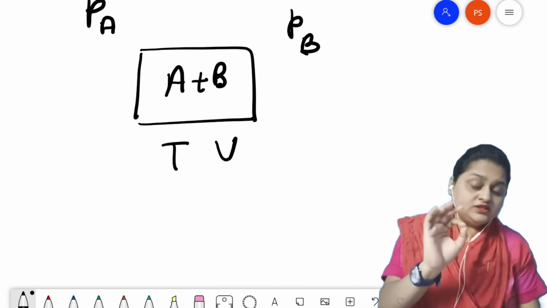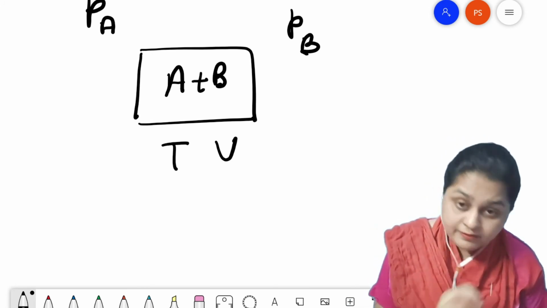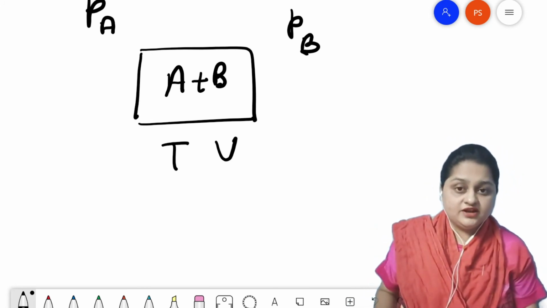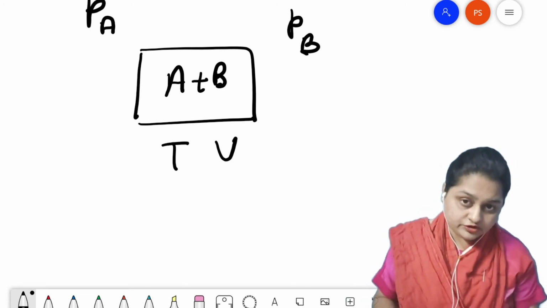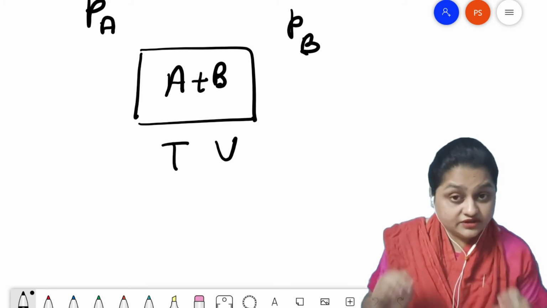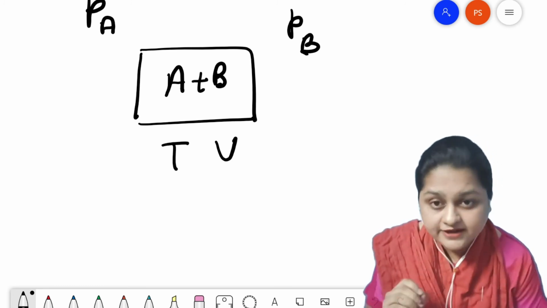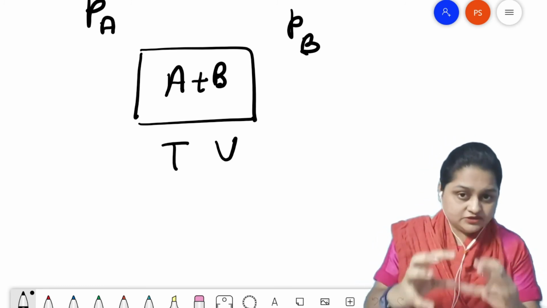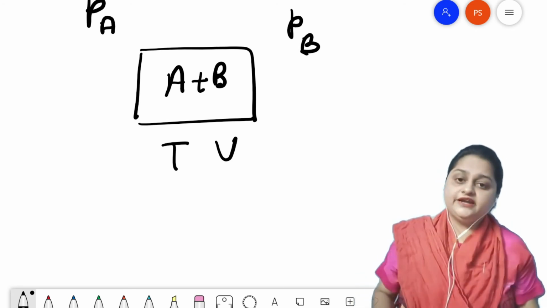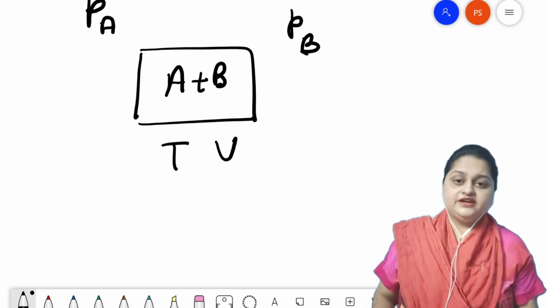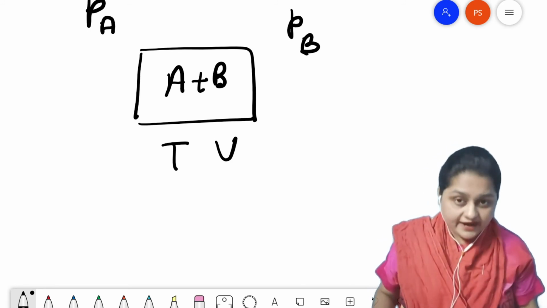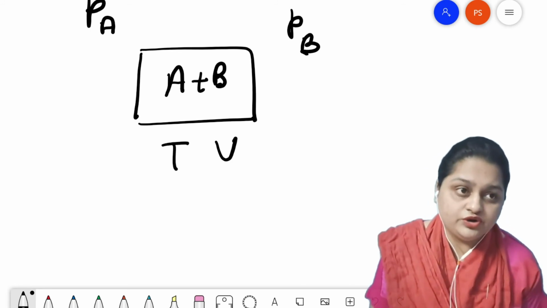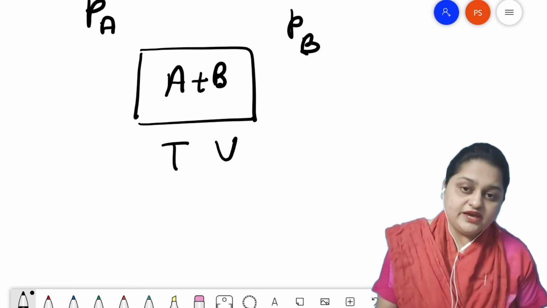Now, one thing that we need to remember during partial pressure is that the gases that we are taking for creating the mixture should be non-reacting with each other. The gases creating that mixture should not be reacting with each other. In that case, this entire theory of partial pressure will be invalid.